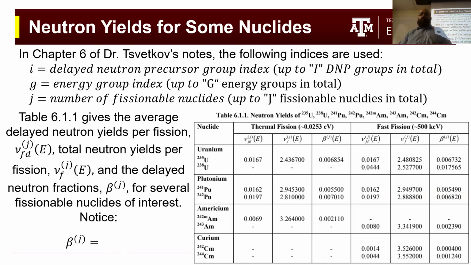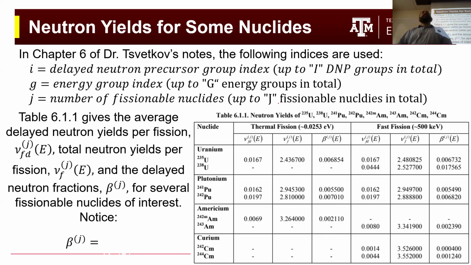So when we talk about these, to better understand Dr. Svetkov's notes terminology, he uses some extra subscripts or superscripts that I don't always use because it's sometimes inconvenient to write them.